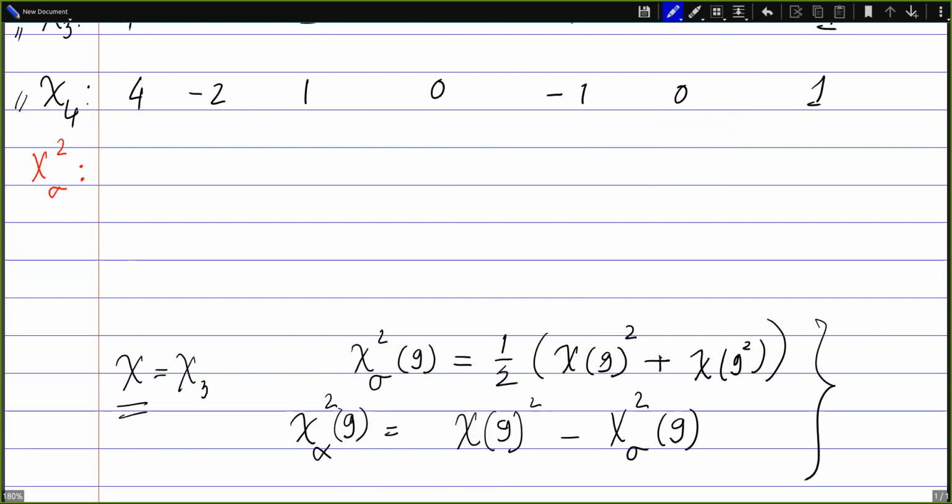The reason for using a different color will be apparent shortly. So using this formula, if you compute the values of the symmetric square character, this is what you will get. I leave the computations to you. I won't perform it here.